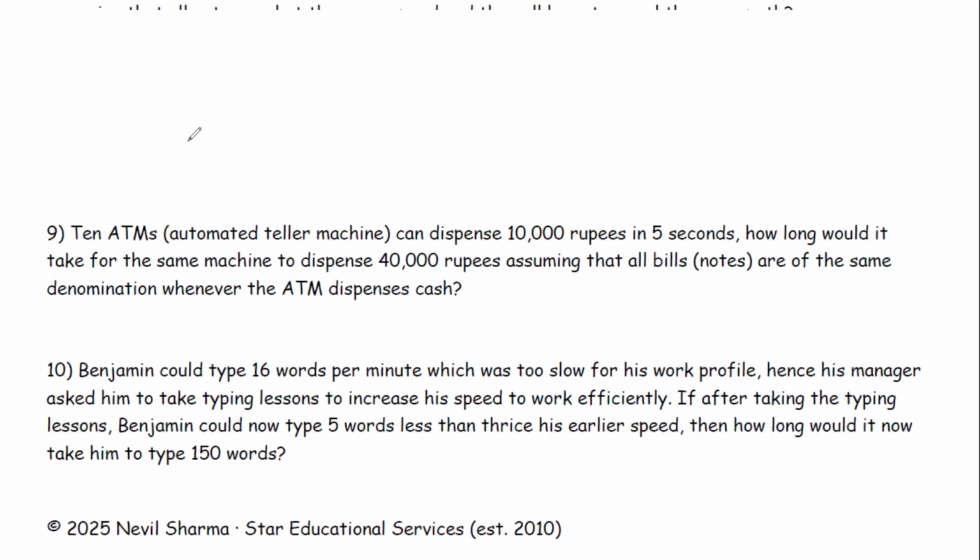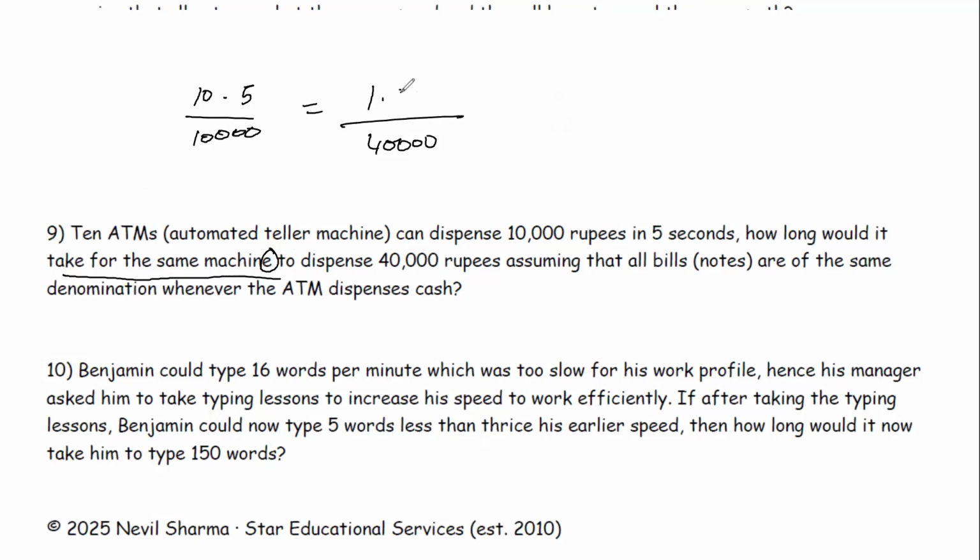So 10 machines, right? 10,000 rupees is the job, and it does it in 5 seconds. So how long will it take? Same machine. So I'm not saying machines. Remember, it's the same machine, a single machine, for 40,000 rupees.